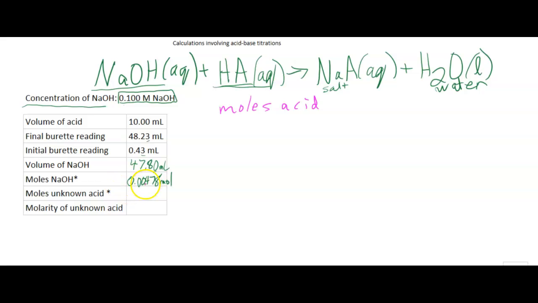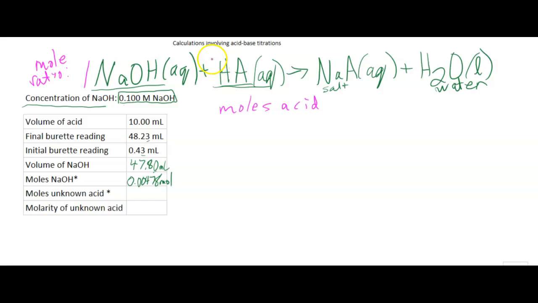So we know our moles of sodium hydroxide, and we have our balanced equation. Remember, our balanced equation gives us the mole ratio, and the mole ratio is based on the coefficients. If there's no coefficient in the balanced equation, remember the coefficients are equal to 1.